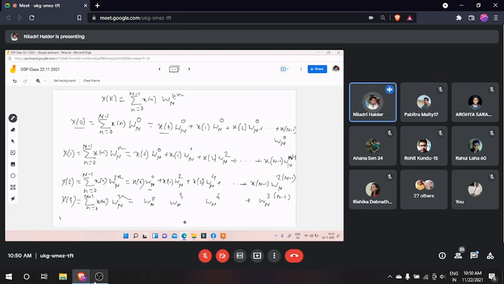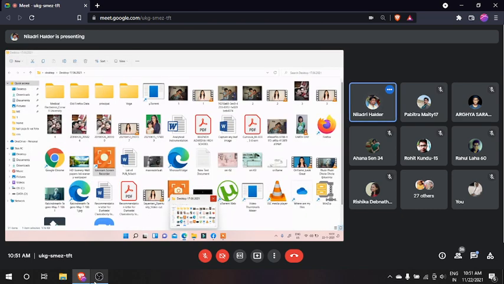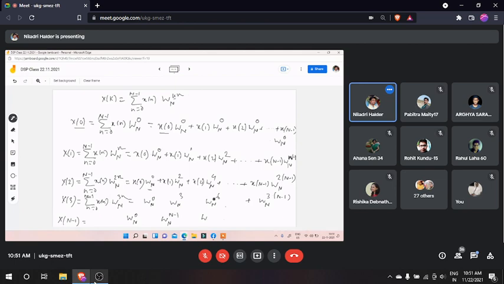In that way, if you want to calculate the last value XN-1, the coefficients are Wn^0, Wn^(N-1), then Wn to the power 2 into N minus 1.